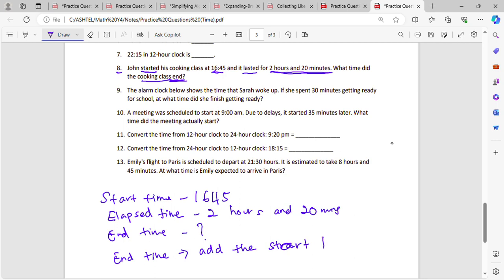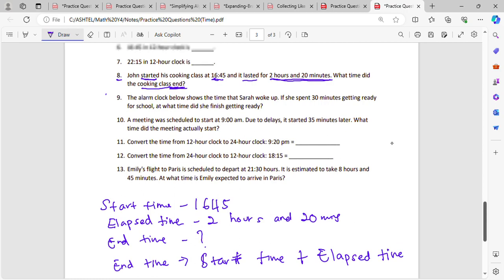Start time plus elapsed time. Let me write it again: end time is always like this. You just add the start time with the elapsed time. So how are you going to add this?